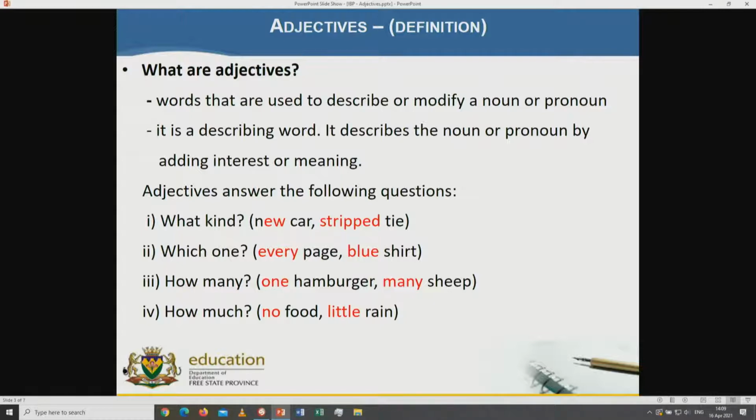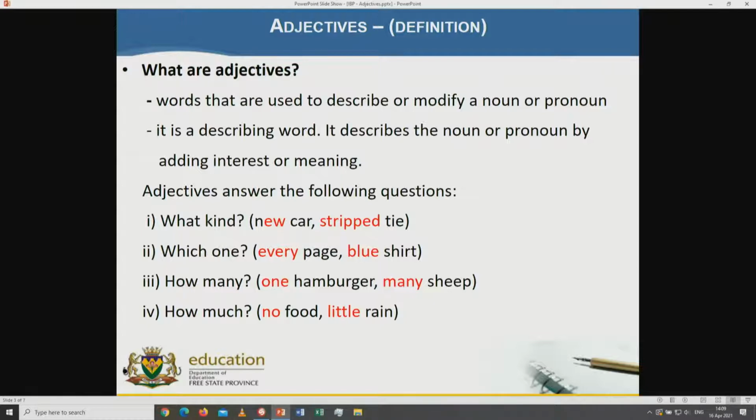Or how many? One hamburger. Or many sheep. How much? No food. Little rain. How much rain did we have, let's say, last month, for an example? No, we had little rain. Or we had much rain. You see, these are the adjectives.